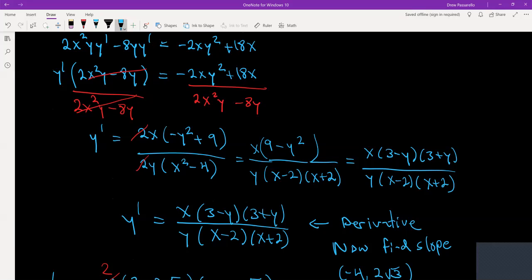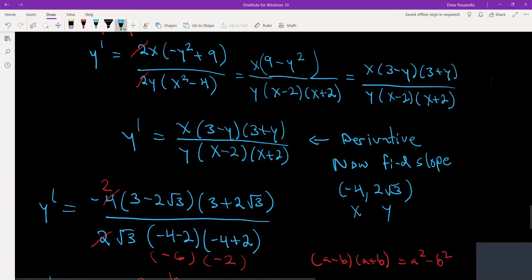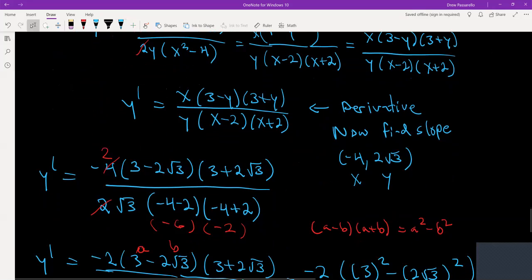When I factor out 2y, that would give me x squared minus 4, which is x minus 2 times x plus 2. So all of that checks out to be correct. And so the derivative was this: x times 3 minus y, 3 plus y, and then y times x minus 2, x plus 2. So that's correct.